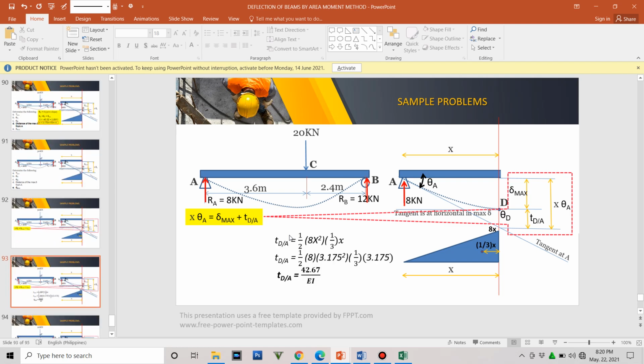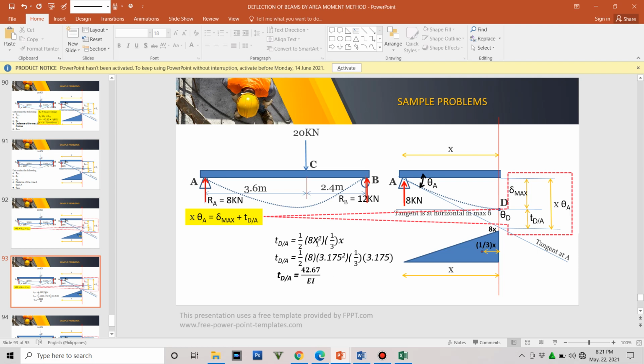So, we compute that one using this diagram again. Ngayon, kailangan natin yung distance ng centroid nito hanggang dun sa D. Okay, that is simply 1/3 of x. Triangle lang naman tayo, no? 1/3 of x. So, yung area mo kanina, 1/2 8x squared. Dagdagan mo lang ng distance from D of the centroid, 1/3 of x.